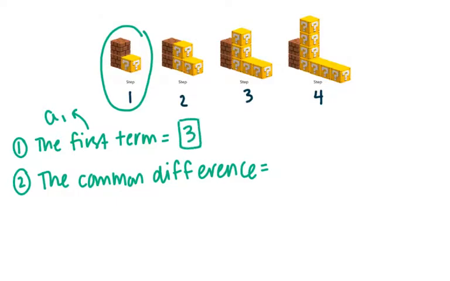The second thing you need to identify is the common difference. The common difference for arithmetic patterns is the number that you're adding repeatedly or subtracting repeatedly. And remember, subtraction is just the addition of a negative number. Now, in this case, it definitely looks like it's increasing.